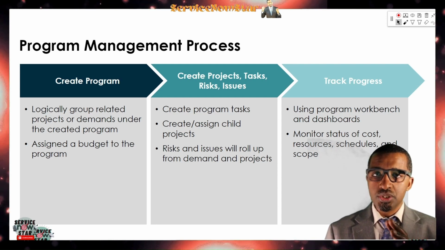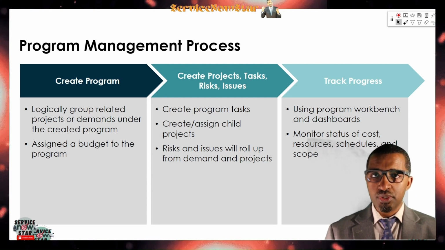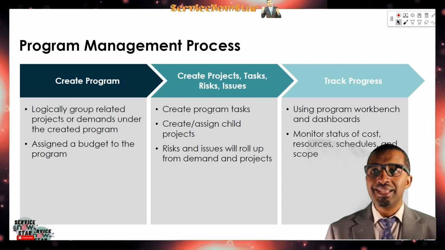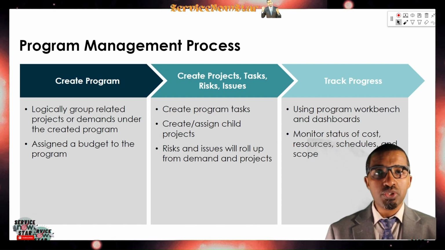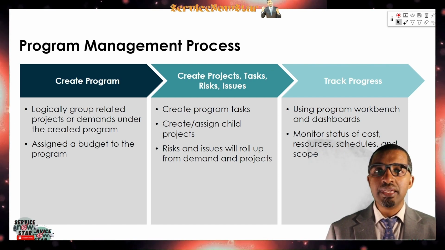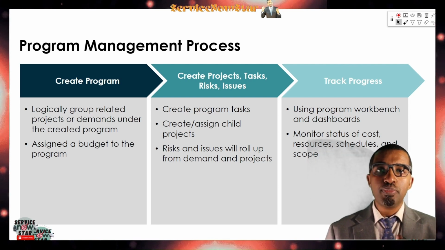Once you add your demands and projects, you're good to go. From there, the next step is you can create different project tasks, risks, and issues. Whenever these issues and risks are found in a given demand or project, they can roll up to the program level as well. The last part here is tracking.